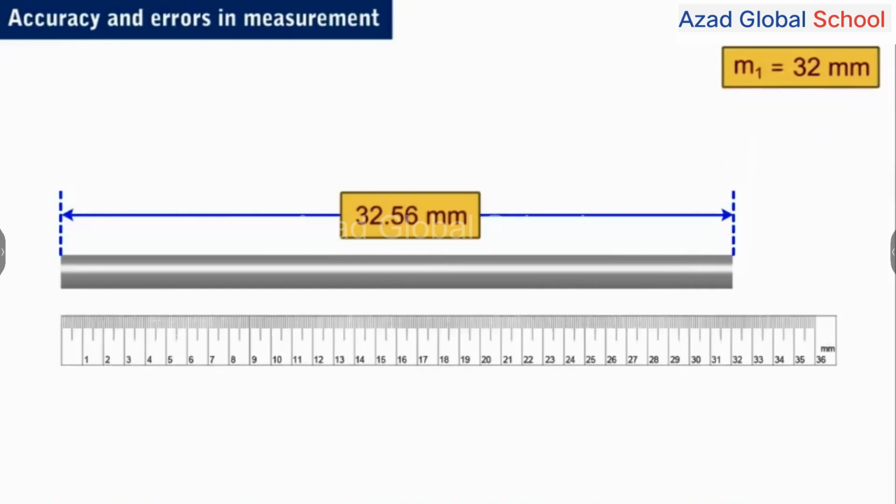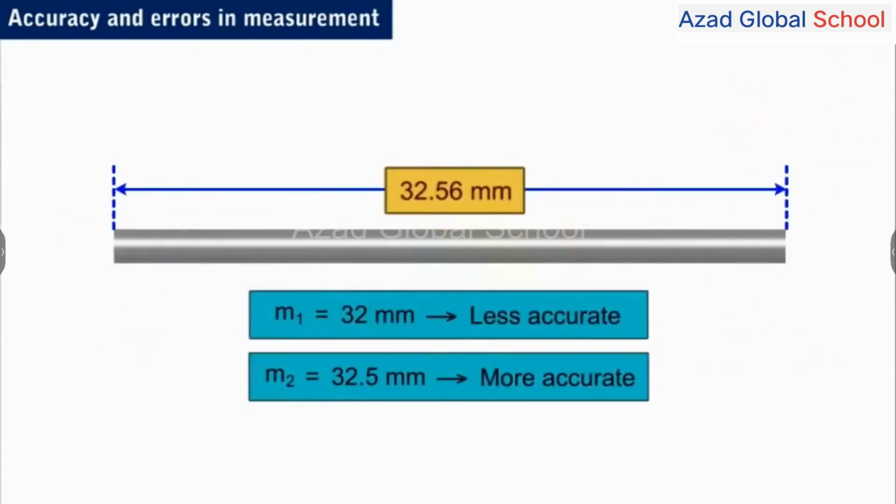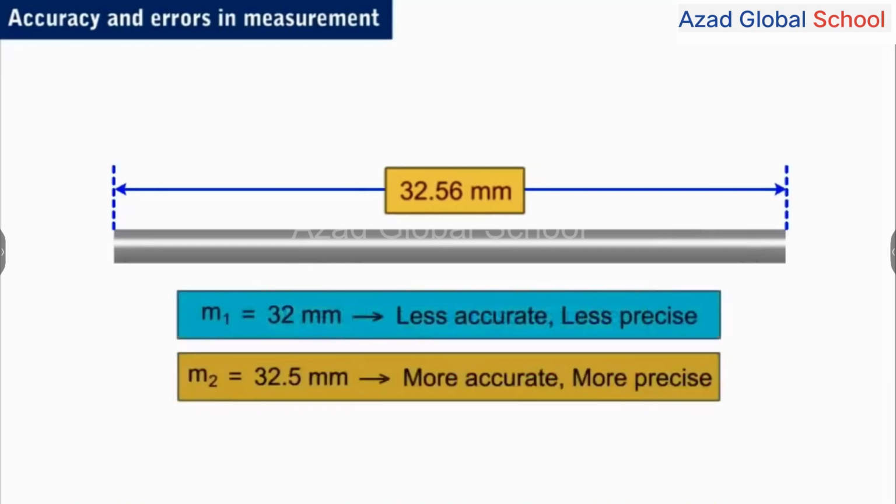Using the second instrument with a resolution of 0.1 mm, we obtain the measured value as 32.5 mm. Let us call this M2. Here, M2 is more accurate as it is closer to the object's true value than M1. Also, M2 is more precise as the resolution of the instrument used is finer than that of the first one.